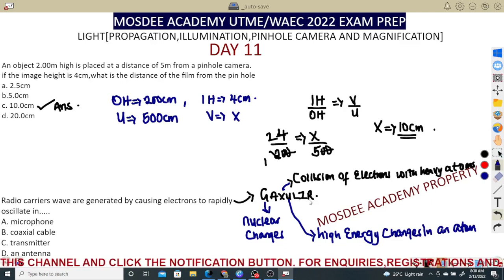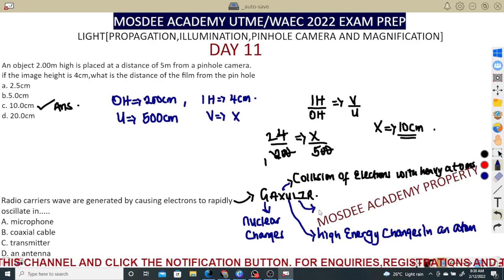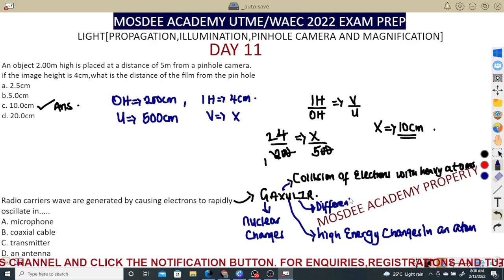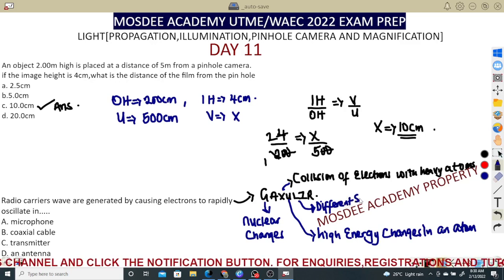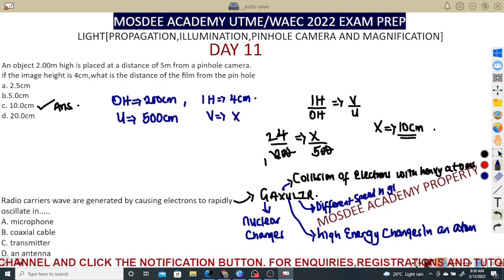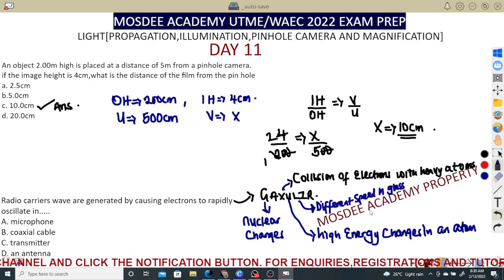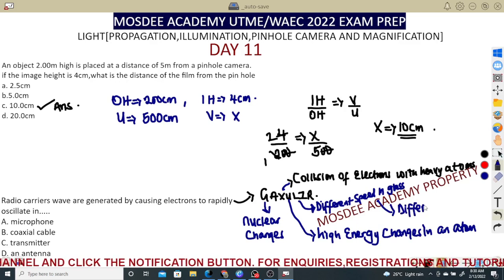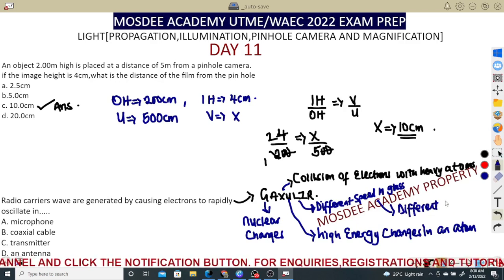Anyhow, visible light, that is ROYGBIV, is formed, we said, due to different speeds. Let me write: visible light is formed due to different speeds in glass, or say different refractive indices, which we call n.